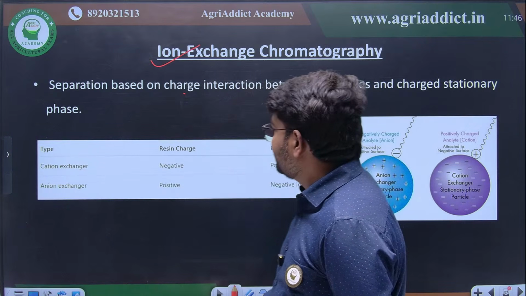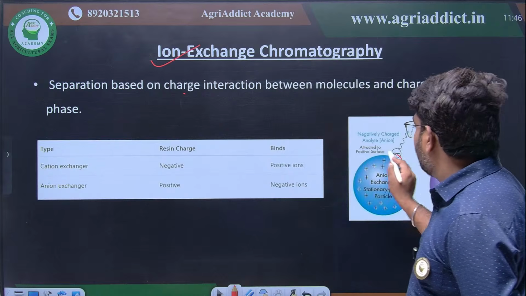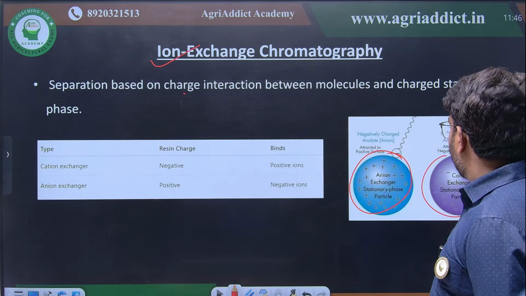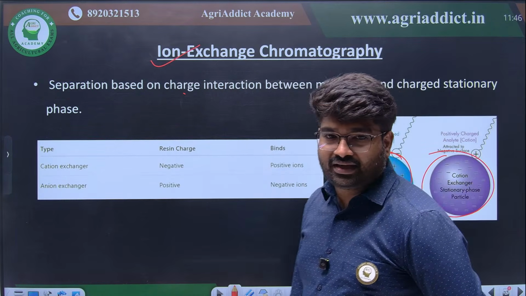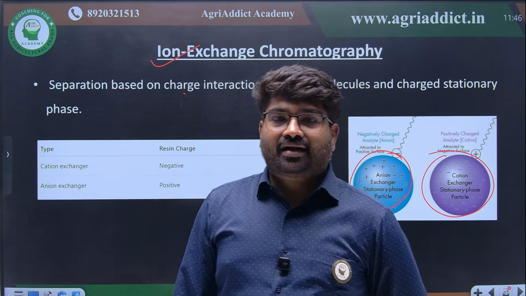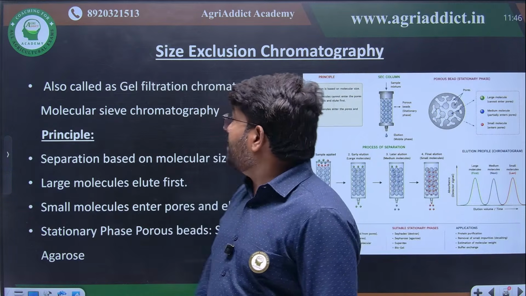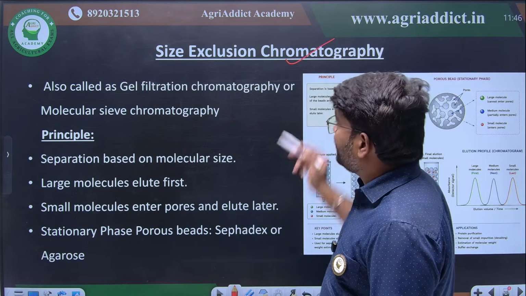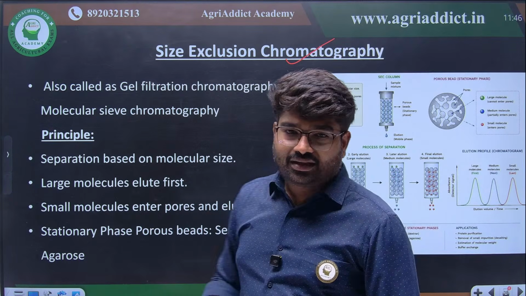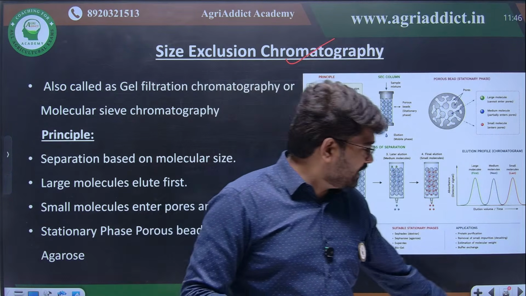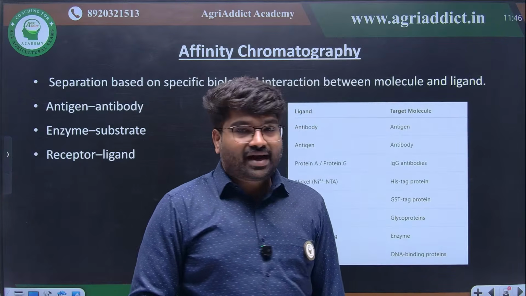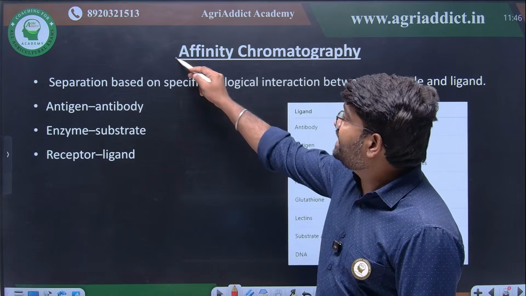Different resins we will use based on the interaction of the molecules, and the analyte will be separated. Another most important technique is size exclusion chromatography. Here, based on the size, the molecule will be separated. We are just revising. Then another last technique is affinity chromatography.